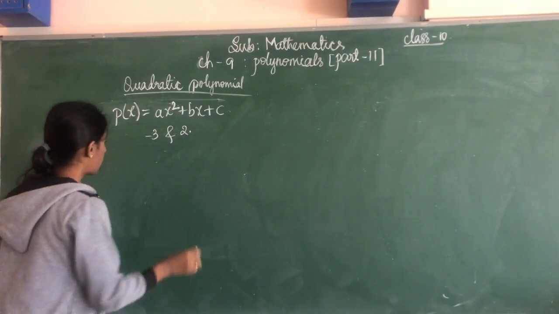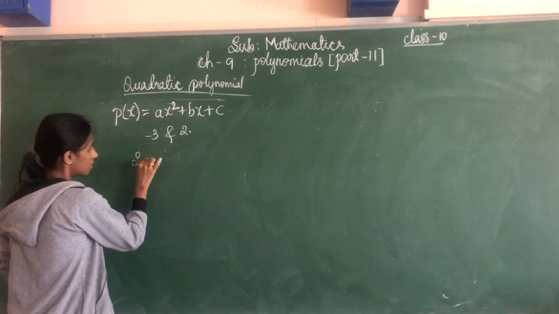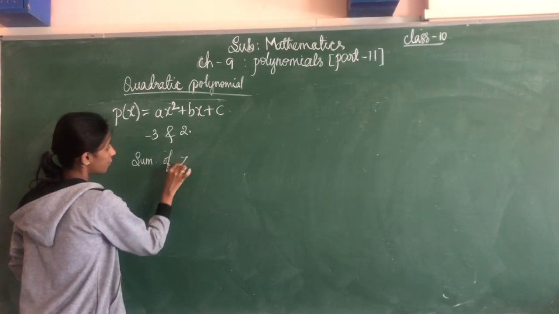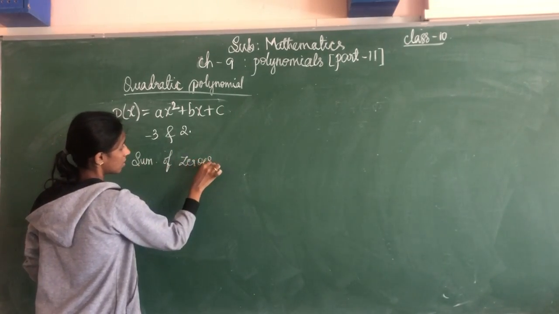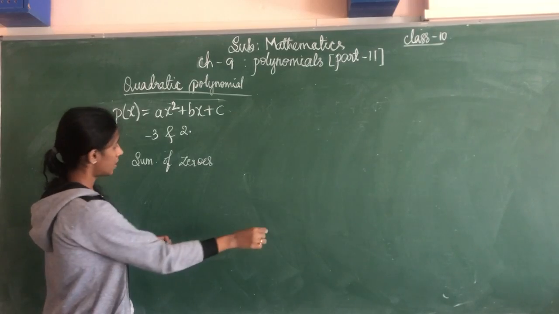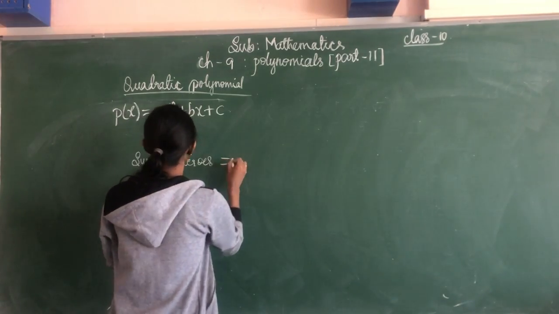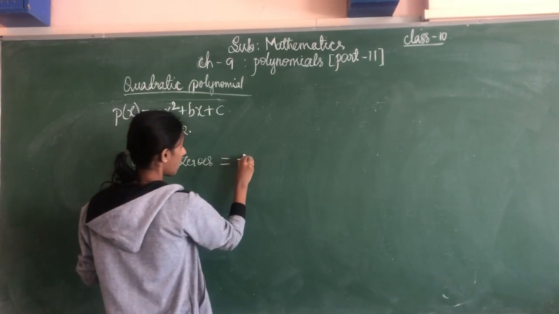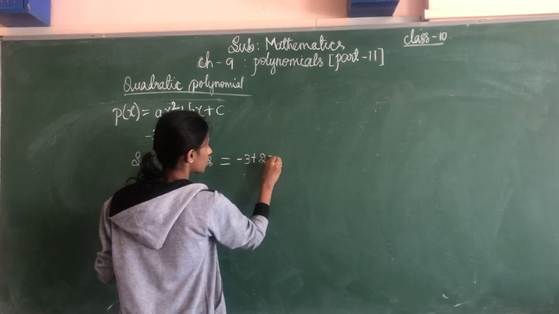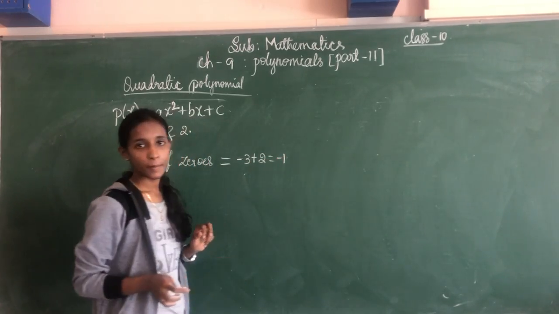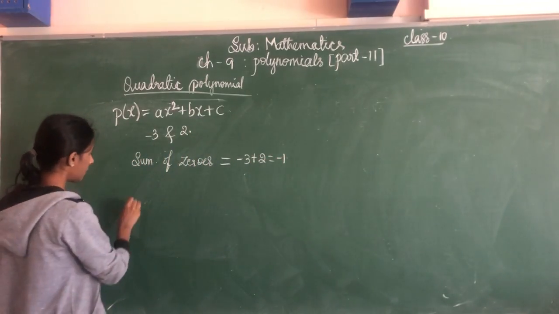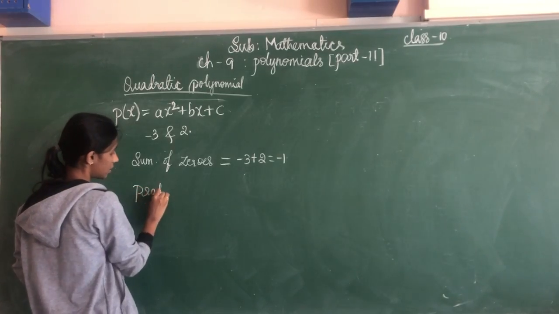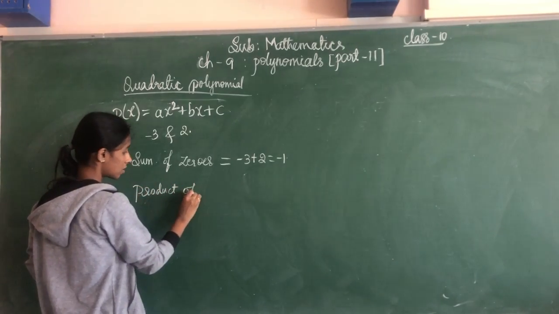Now, first take sum of zeros. Sum of zeros is minus 3, and that is equal to minus 1. Okay. Next, product of zeros.